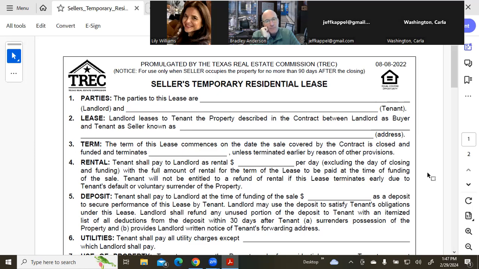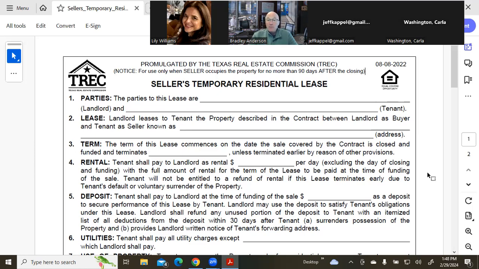Now, hopefully in this same contract, the buyer has put in that first paragraph, house needs to be professionally cleaned upon move out. That solves that problem. But you would be amazed at what happens when that original seller moves out. So get a deposit.